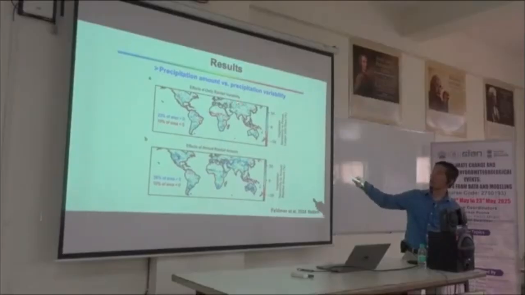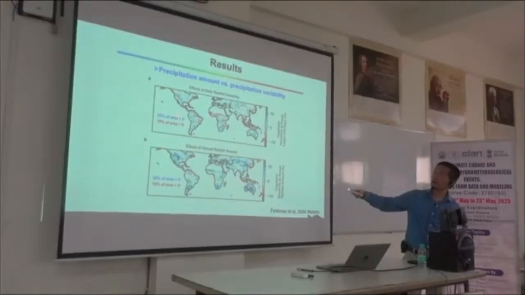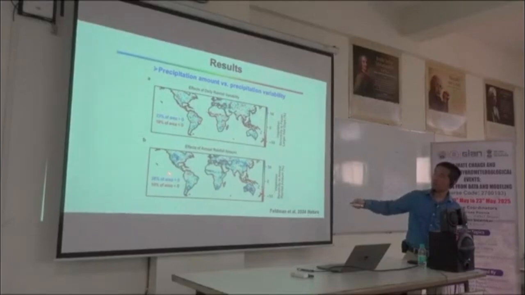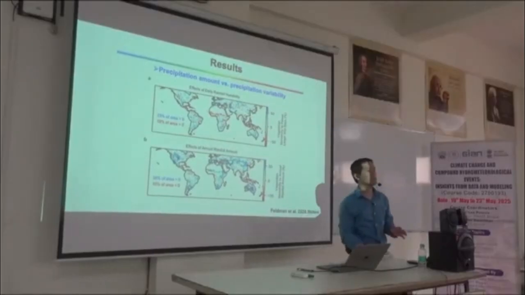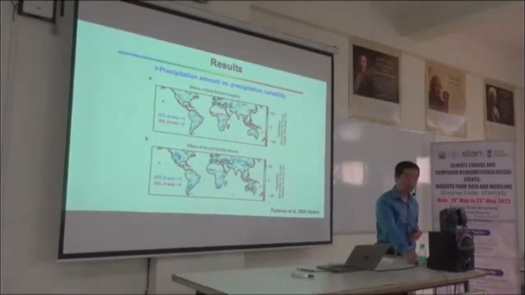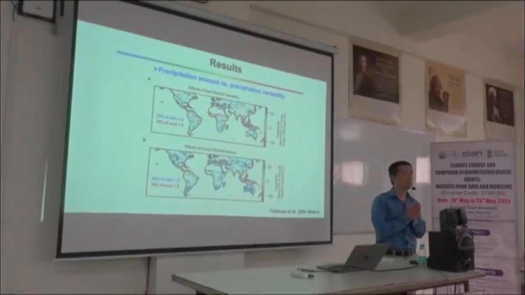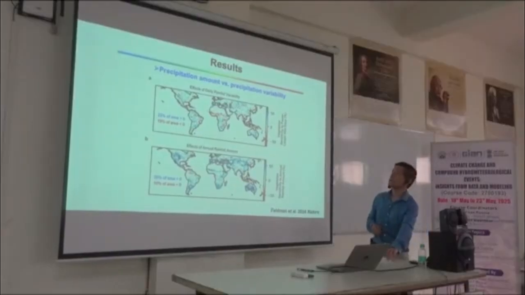So the rainfall variability impact is on the same magnitude as the rainfall total amount. So the idea is, in the future, when we think about the rainfall impact on vegetation, we shouldn't just focus on the total amount itself. We have to think about the variability. Variability could play a role as well.